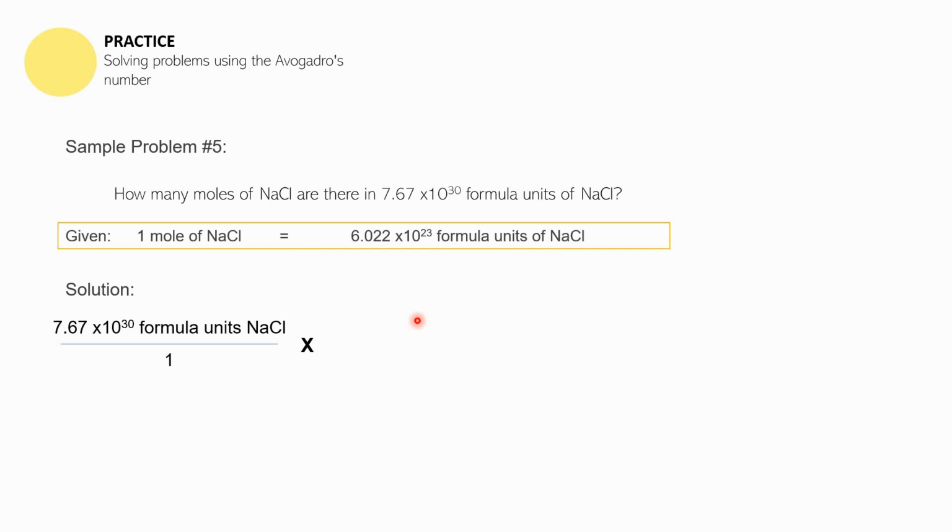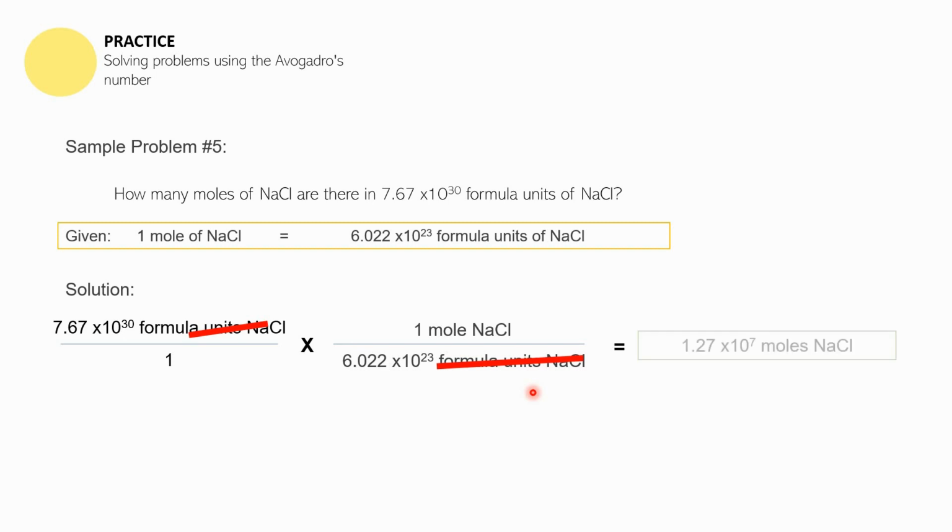So what you put above is 1 mole of sodium chloride, and beneath that is 6.022 times 10 raised to the 23rd power formula units of sodium chloride, so that they will get to be cancelled out. Okay, so next is you just divide 7.67 by 6.022, and then you are going to subtract 23 from 30. So you'll be getting the following answer. It's 1.27 times 10 raised to the 7th power moles of sodium chloride.